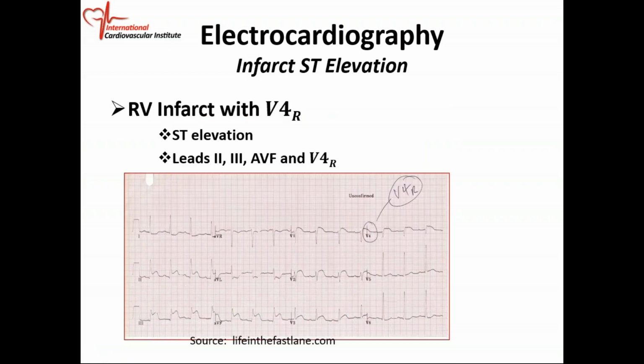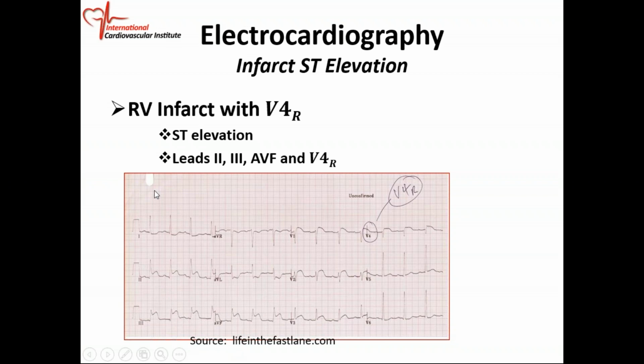And then when you look in lead V4R, you get ST segment elevation. As a matter of fact, you get ST segment elevation in most of the right-sided leads, especially V4R. So the patient presents with an inferior wall heart attack with ST segment elevation in leads 2, 3, and aVF.